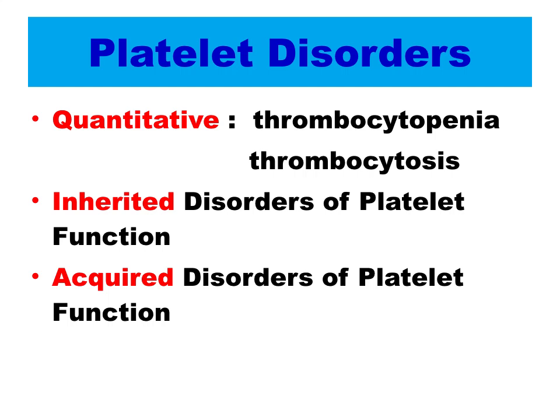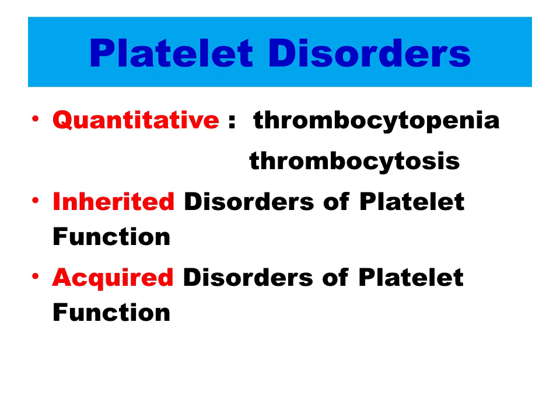We will now go to the discussion of the different pathology in relation to these different systems or structures that we have previously discussed. Let's look at the platelet disorders. Platelet disorders can be quantitative, can also be qualitative in the sense that there is a problem in the function of platelets.